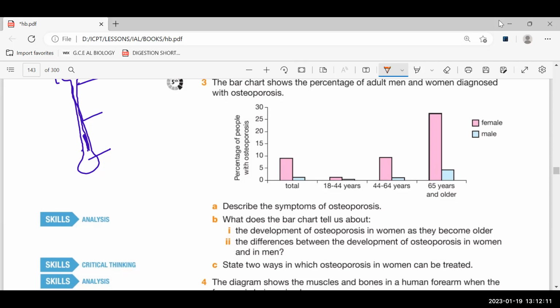When women get older, the development of osteoporosis is higher. The difference between women and men is that a man has a lower percentage of osteoporosis than women. So more females can develop osteoporosis than males.